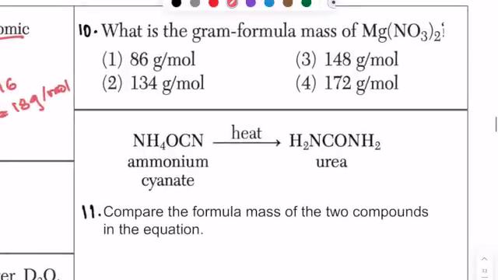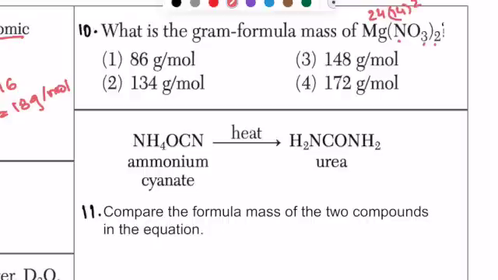What is the gram formula mass of magnesium nitrate? So we have 1 magnesium, which has a mass of about 24. And then we have 2 nitrogens. So 1 nitrogen has a mass of about 14. We are going to go ahead and multiply that by 2.